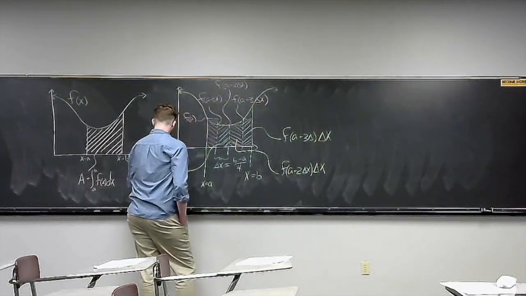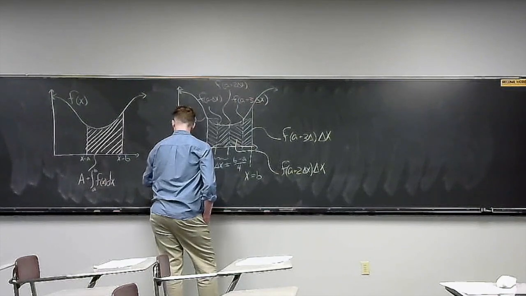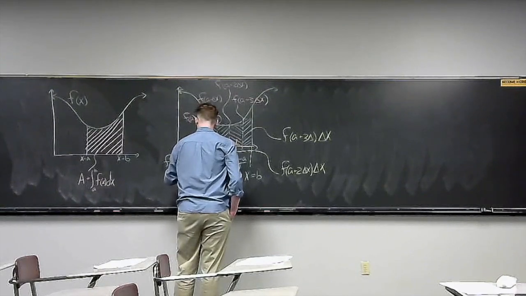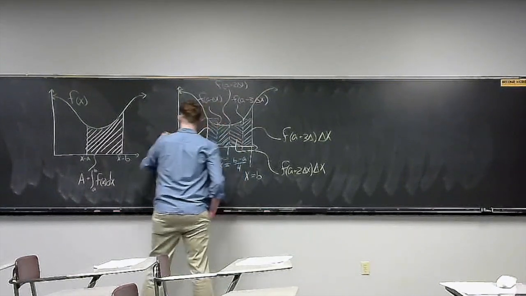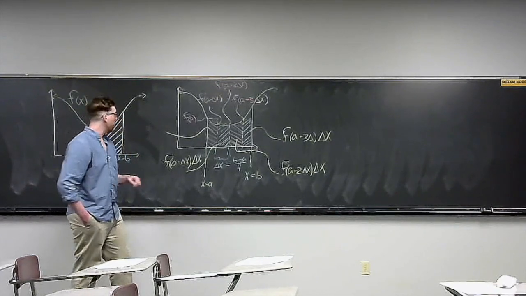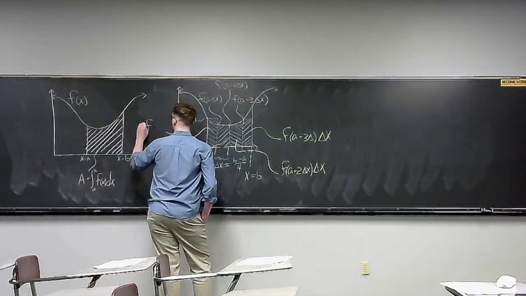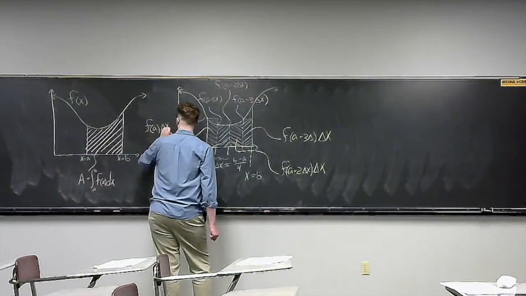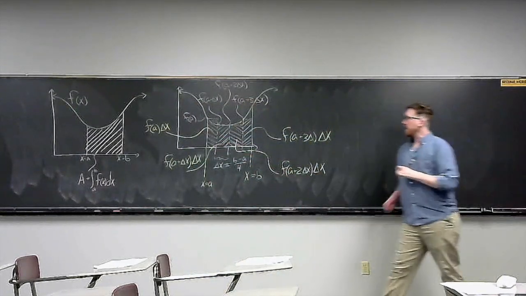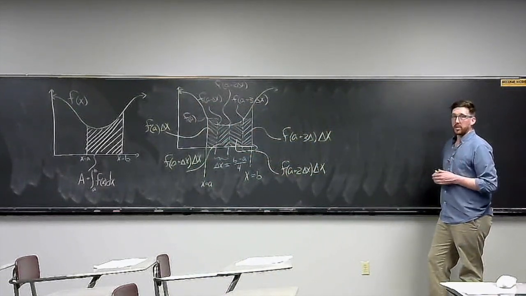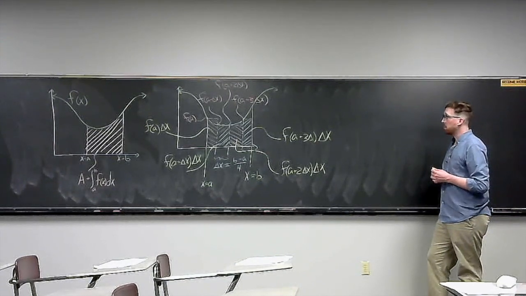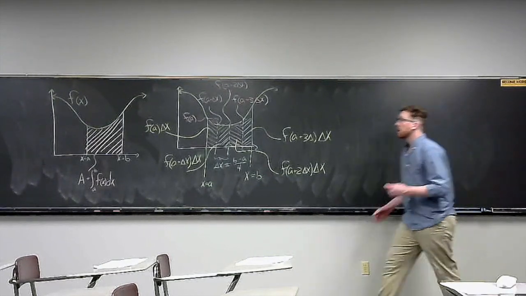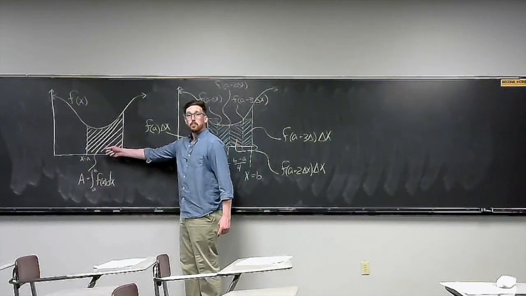Our second rectangle has a height of f at a plus delta x, all that multiplied by delta x. And finally, our first rectangle has a height of f at a and a width of delta x. And that gives us the area of all 4 of those rectangles. Now, we're going to add all those up to approximate this area.